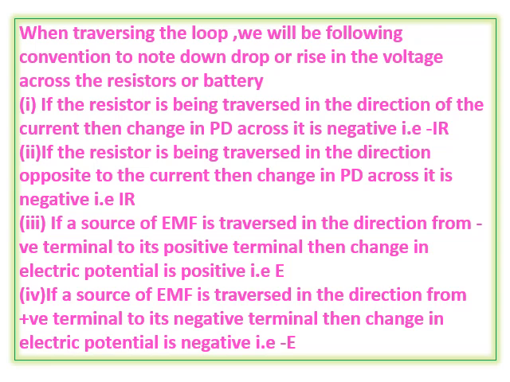And if the resistor is being traversed in the direction opposite to that of current, then we have to take I into R as positive. If a source of EMF is traversed in the direction from negative terminal to positive terminal of the EMF source, then the change in electric potential you have to take is positive, and vice versa will be taken as negative.